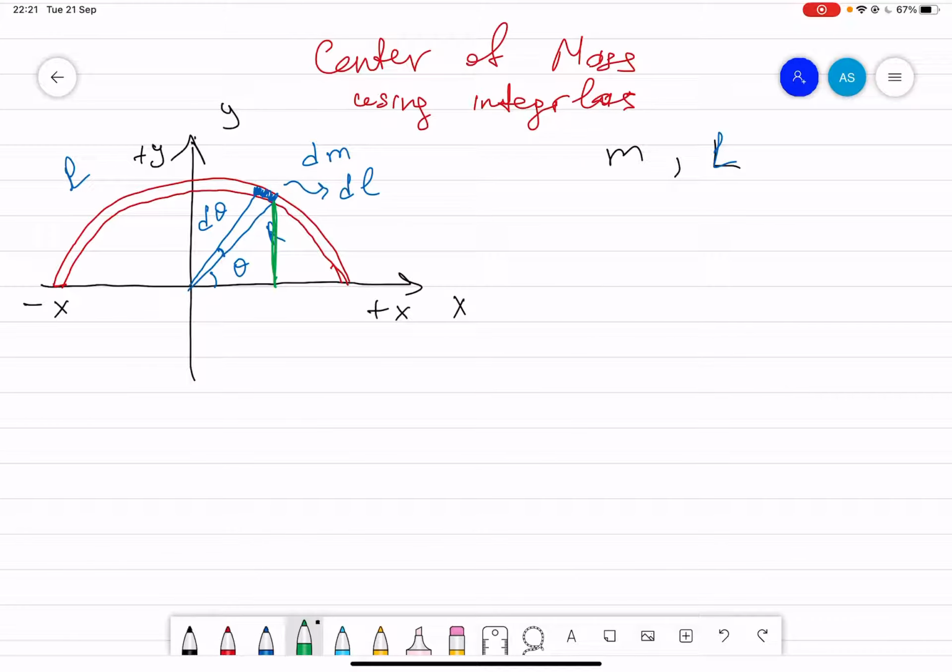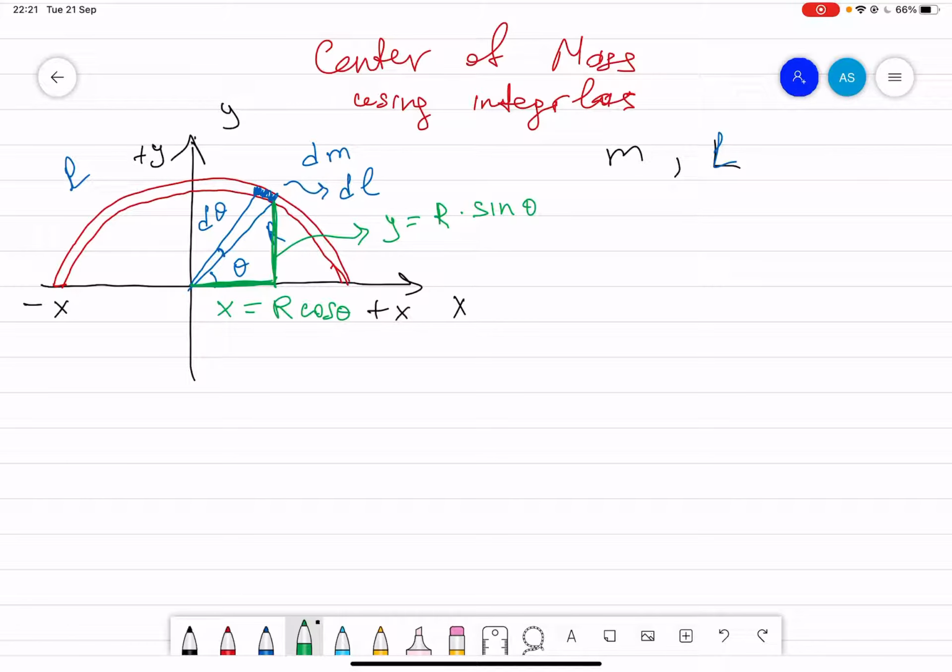At any point, y is equal to r times sine theta. Then we have this length, which is x. At any point, x is equal to r times cosine theta.